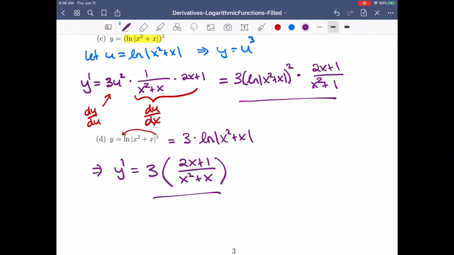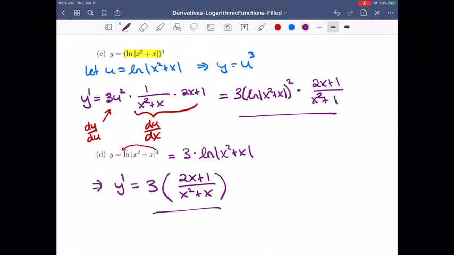So they're very different, and it's the brackets. The 3 in part C is on the ln as well, whereas this 3 is just on the inside of the ln, so that behaves very differently.